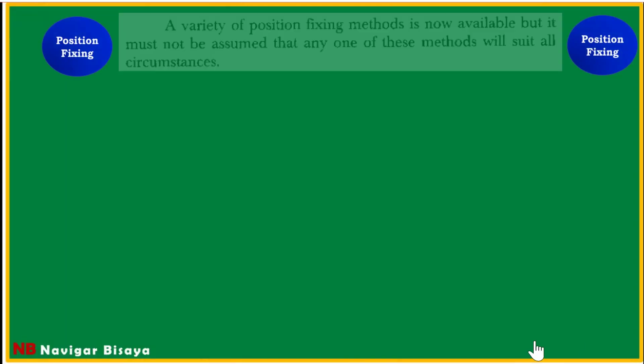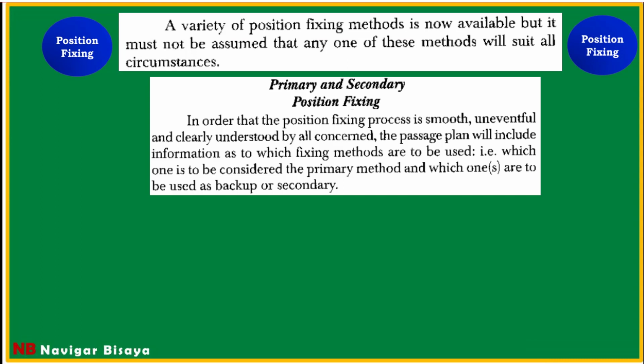Position fixing. A variety of position fixing methods is now available. It must not be assumed that any of these methods will suit all circumstances. A need for primary and secondary position fixing.